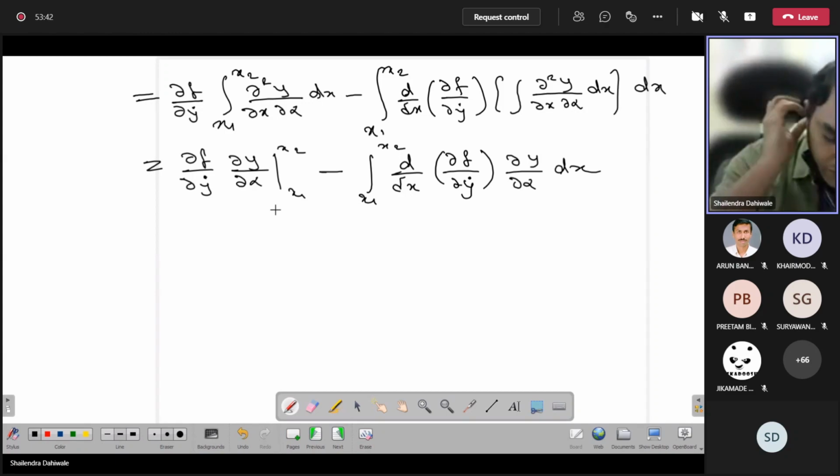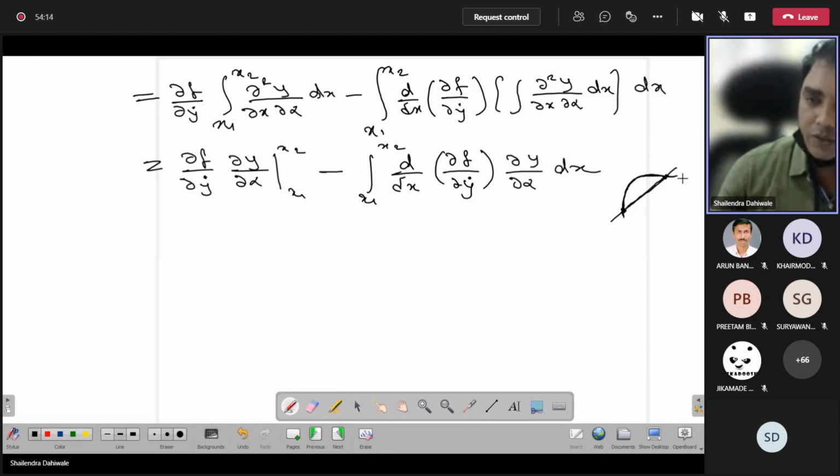Okay, so what is our condition? Basically, what we said is that the varied path is passing through these endpoints. You are not allowed to vary this x1 and x2. So your actual path is this, and from wherever this actual path is going through x1 and x2, from there only this varied path is also passing.